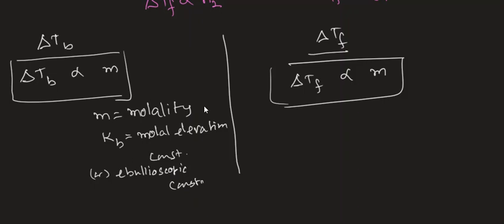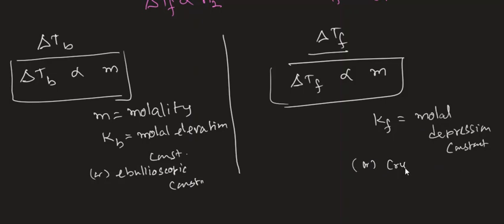So ebullioscopic constant means molal elevation constant. Similarly, here you can introduce Kf. This is known as the molal depression constant, represented by Kf, and this is also called the cryoscopic constant.